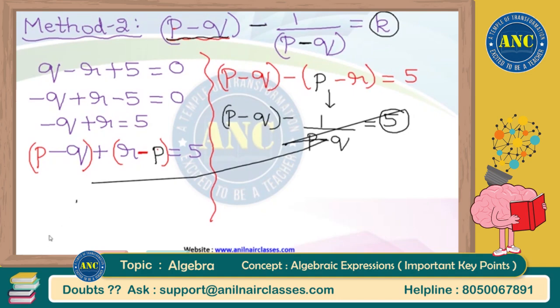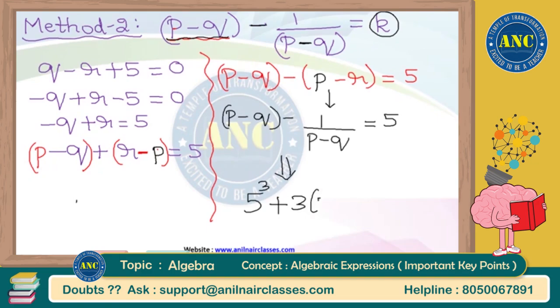That means (p minus q) whole cube minus 1 divided by (p minus q) whole cube can be easily found as k cube plus 3 times k. 5 cube plus 3 into 5. Answer for this question is 140 by using method 2.